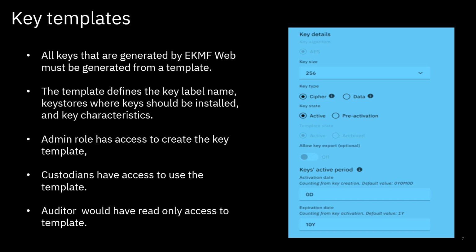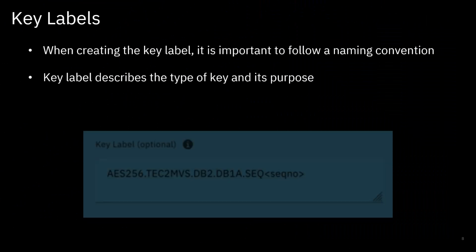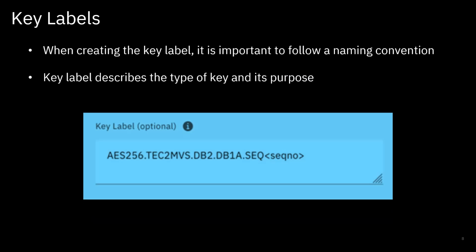Export, this setting allows the key to be exported. You should only select this if you have a valid reason to export the key template. Key activation, this is a setting for how long the key will be active and from when it will be expired. When creating the key label, it is important to have a good strategy on naming convention.